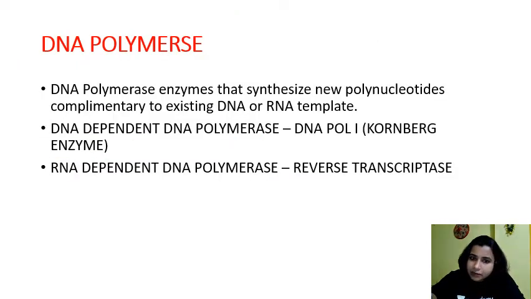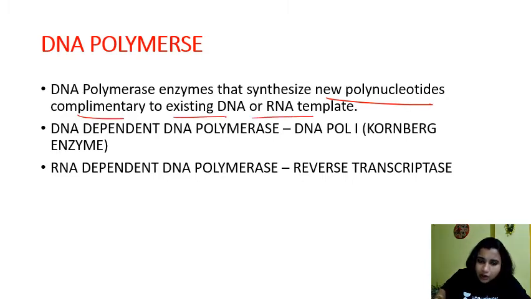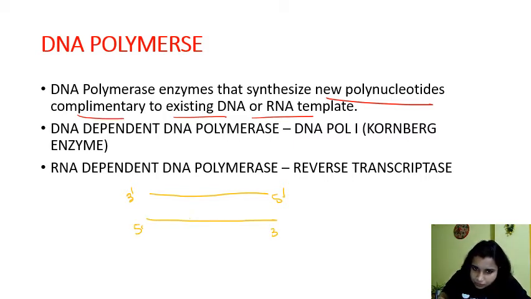DNA polymerase is an enzyme that synthesizes new polynucleotides complementary to existing DNA or RNA. Let me explain in this diagram how DNA polymerase works. Say this is a 3' to 5' DNA, and this is 5' to 3'. We all know that synthesis always takes place from 5' to 3'.